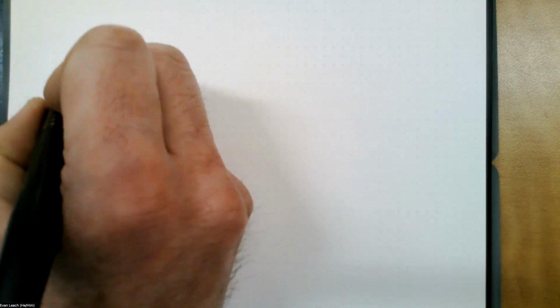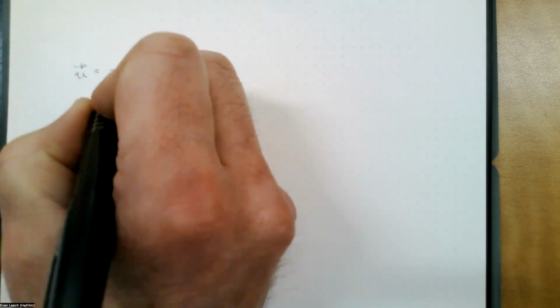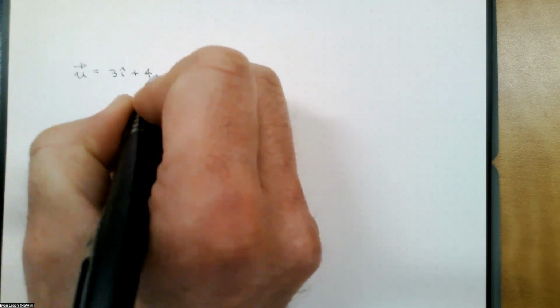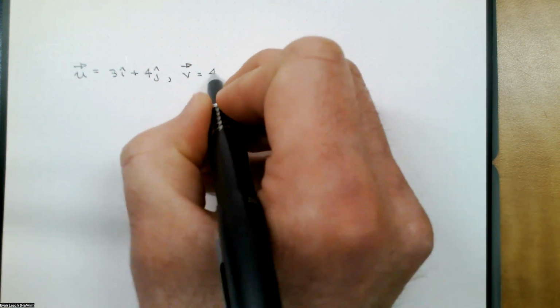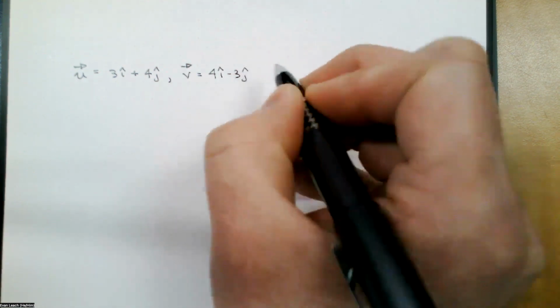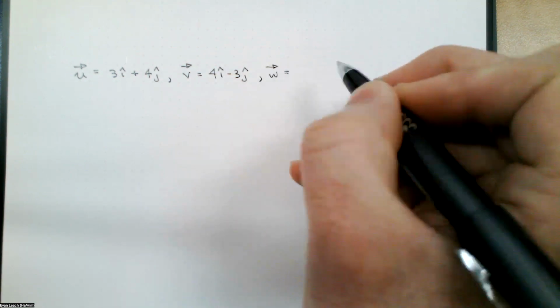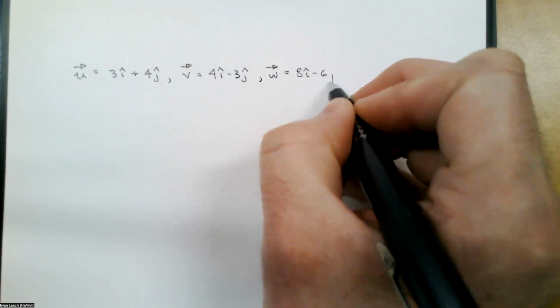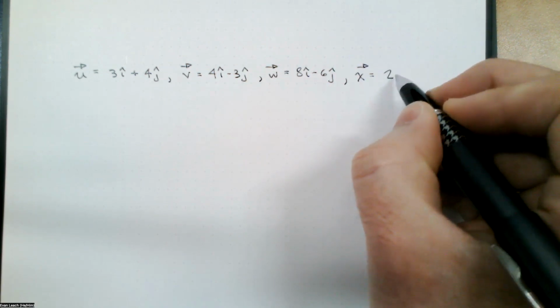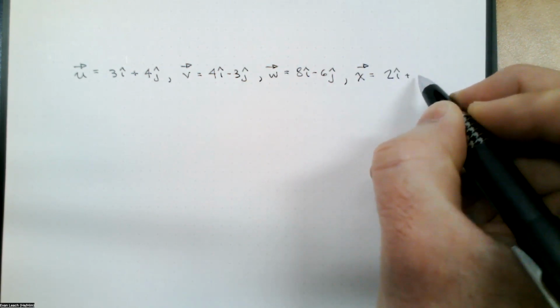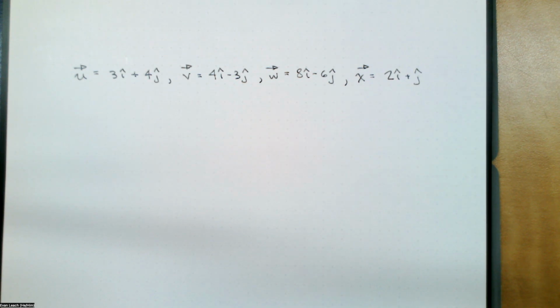So I need to define some vectors. Here are four vectors.